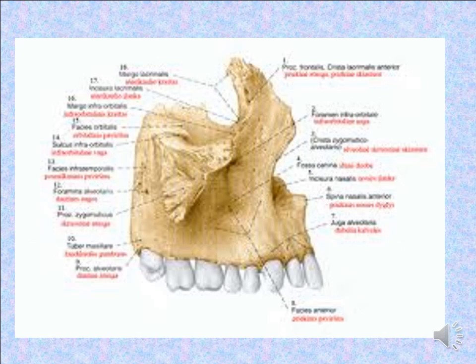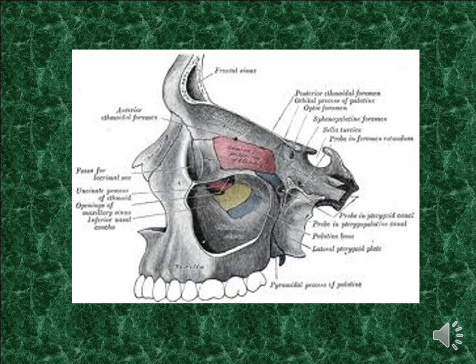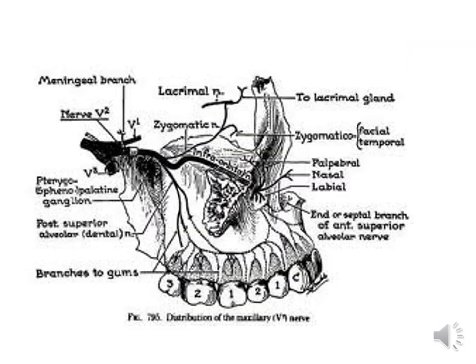This figure shows the body from an anterior view. The body is not solid bone; it has a cavity called the maxillary sinus. The nerves that supply the upper jaw come from the maxillary division through the posterior, middle, and anterior superior alveolar nerves.